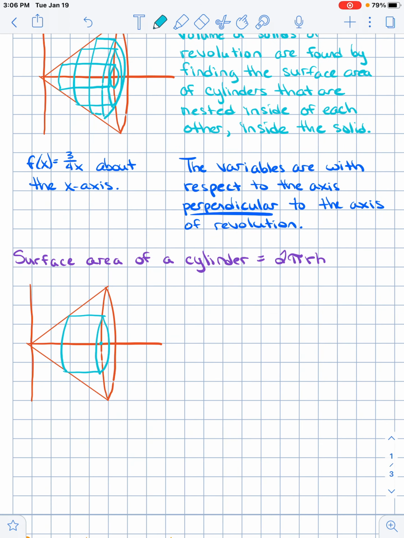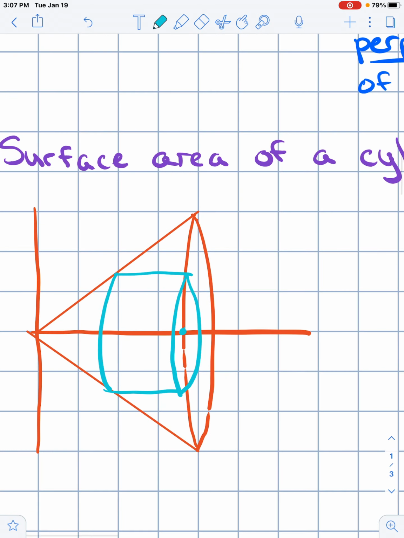All right, so first thing that's important is remembering the surface area of a cylinder, which is 2 pi times the radius times the height. So if we look at the radius of this cylinder now, it's a little different than when we were using the disk method. All of these radii are exactly the same length.